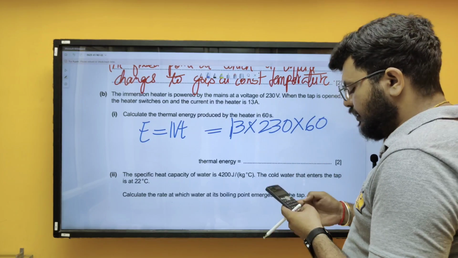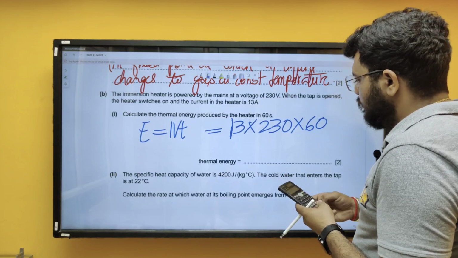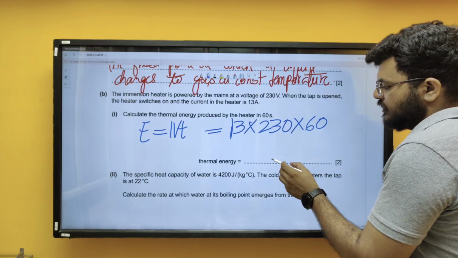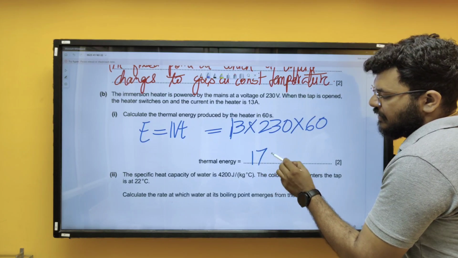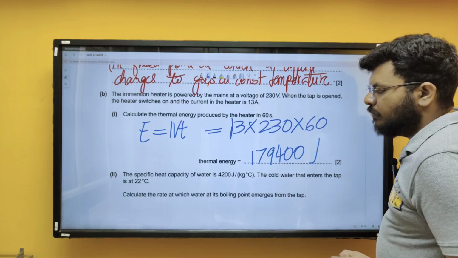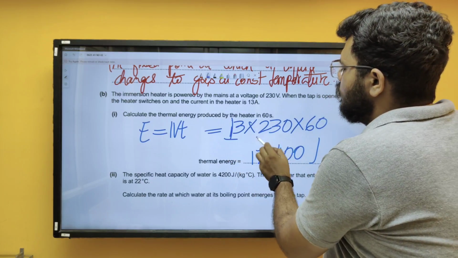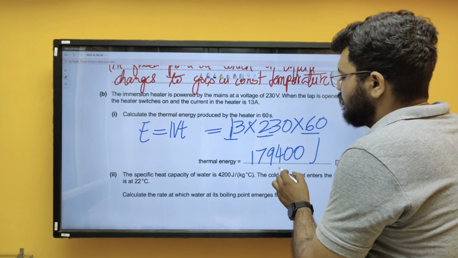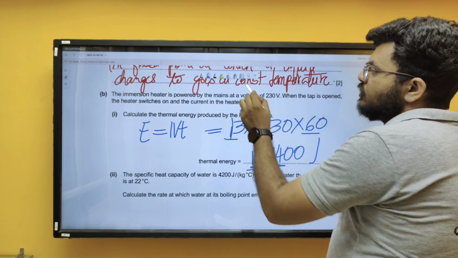So let me calculate that. We have 179,400 joules. But if you observe, there are two significant figures everywhere, right? Maximum there are two significant figures. We cannot have an answer with four significant figures.